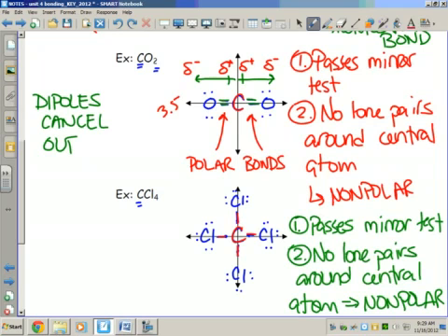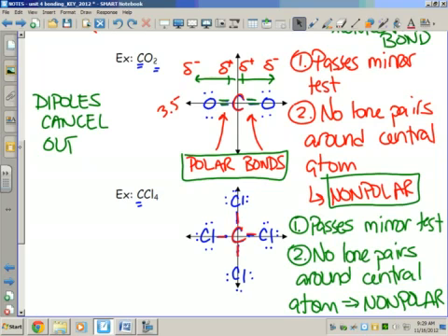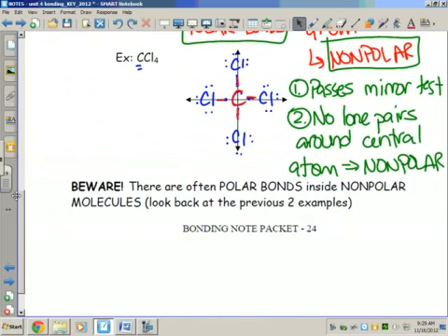They cancel each other out. And that's why, even though you have polar bonds, you still have a nonpolar molecule. Really, really important to understand the difference. Polar bonding can still occur between or within a nonpolar molecule.